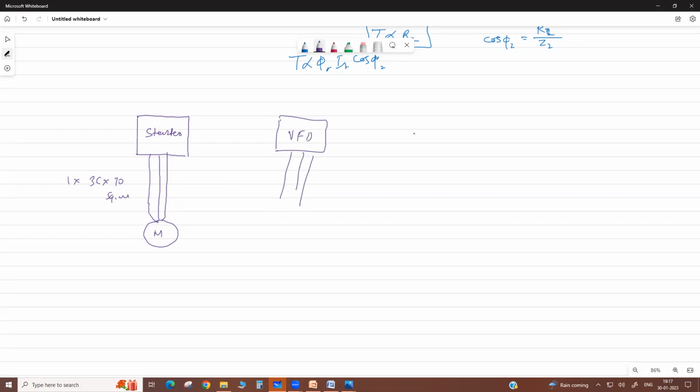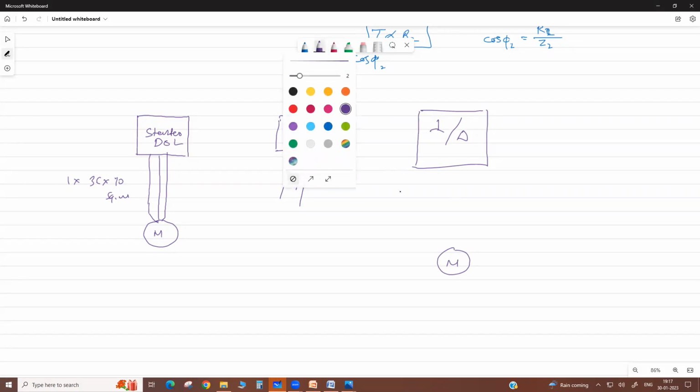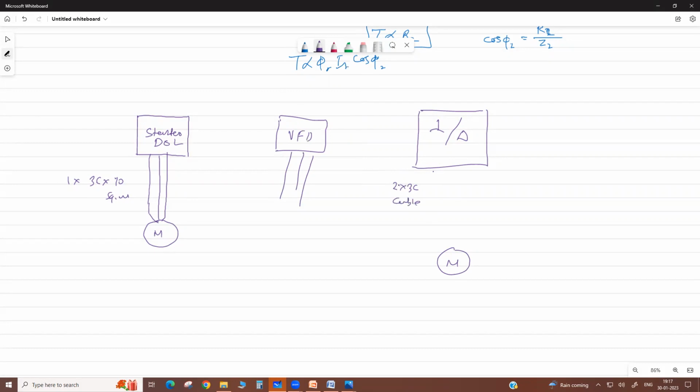In a VFD drive also, we require only a 3 core cable. Here it is a DOL. But if you have a star delta starter, then this is your motor. We require 6 wires, meaning 2 into 3 core cable runs. Here it is a single run of 3 core cable. Why?